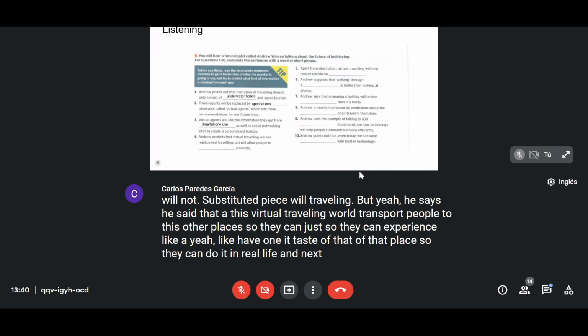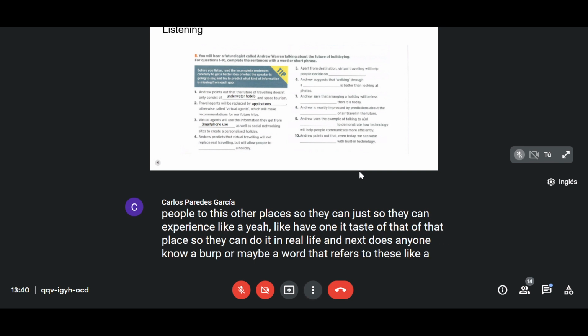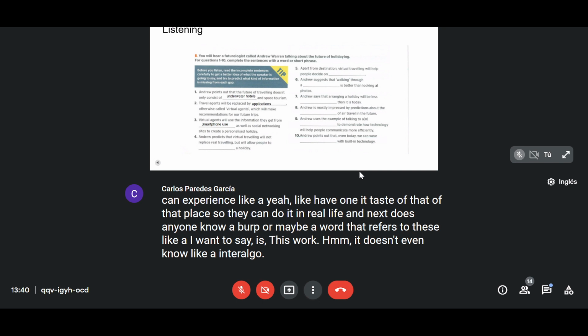Does anyone know a verb or maybe a word that refers to this? I was about to say this verb. Does anyone know? Like intentar algo, como darle una probadita a ese algo nuevo. Yeah, try.